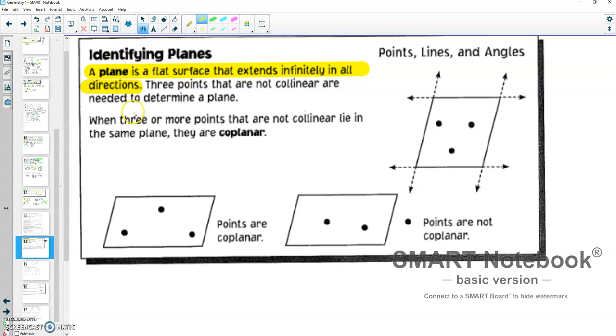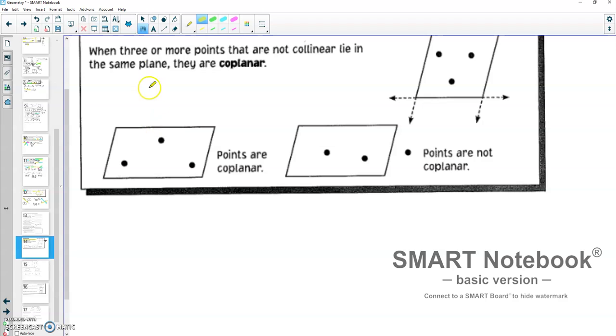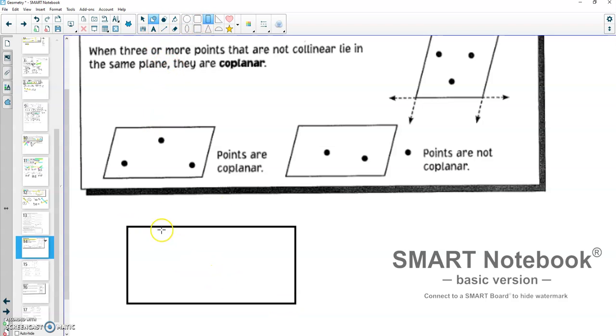But if I draw a piece of paper, let's imagine like this, and I just draw 3 points, these are all coplanar.